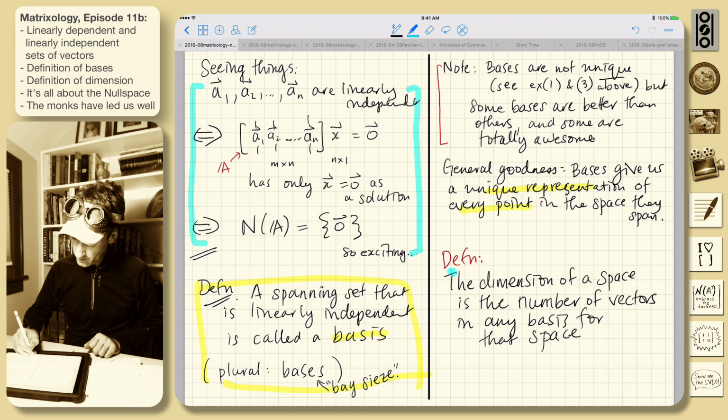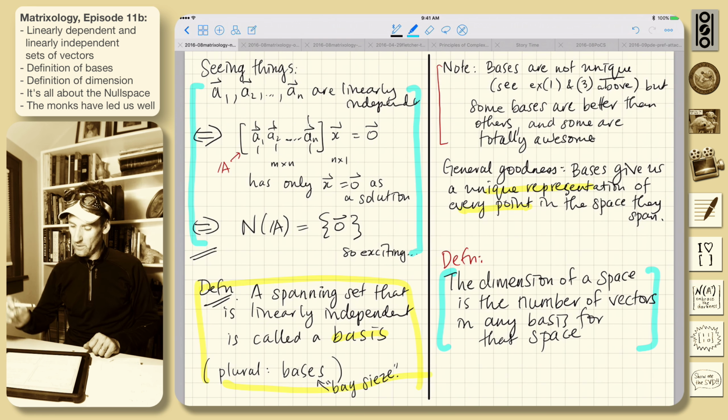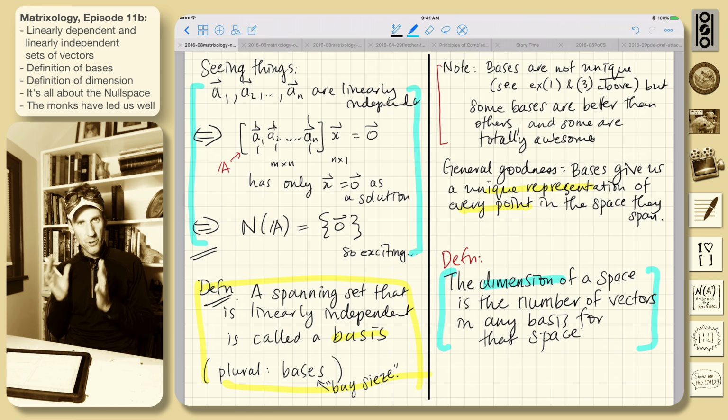Huge. That is a big deal, right? Good. Dimension of a space should make sense.